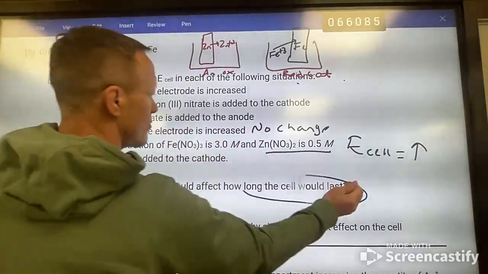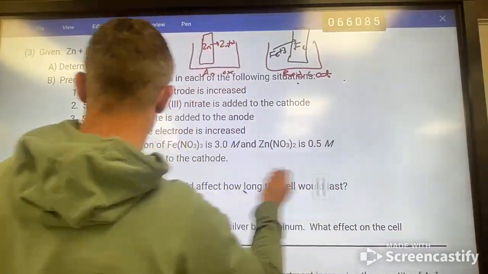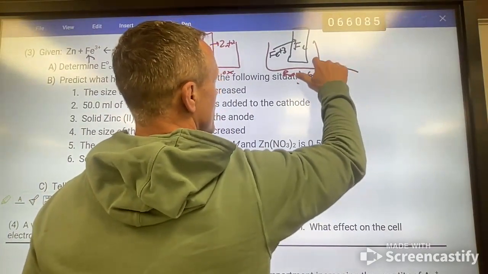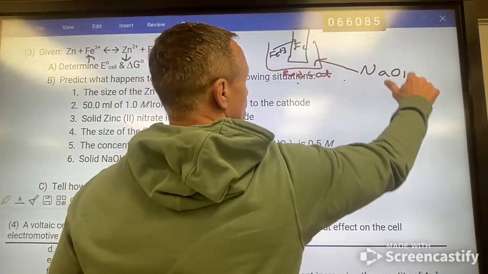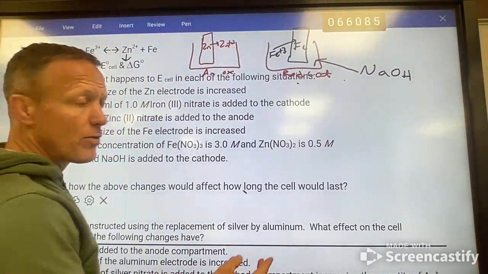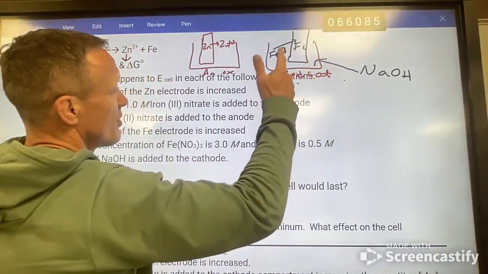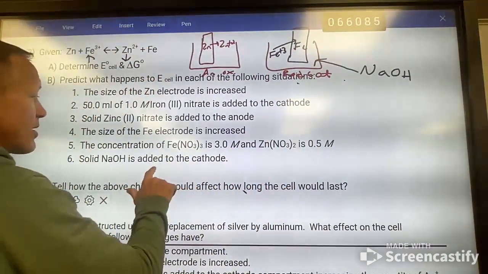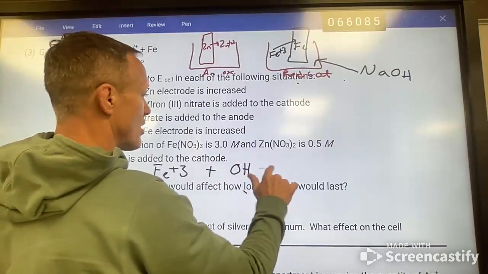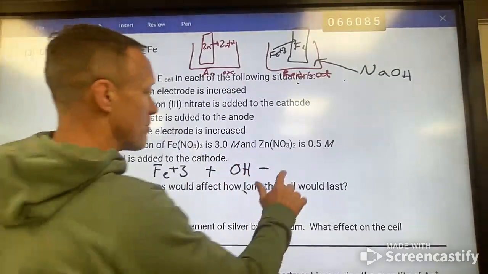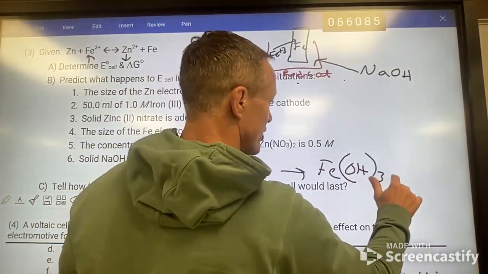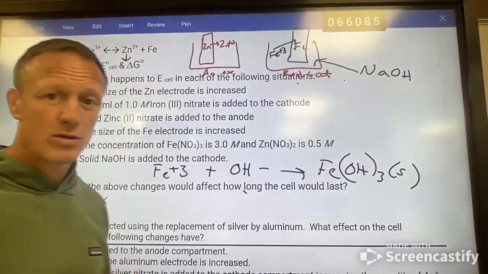Last one here, some solid NaOH added to the cathode. So they're putting NaOH in there. So that's going to make sodium ions and hydroxide ions. So if the hydroxide ions react with something, then we're going to end up with a change there. Well, if you think about it, our Fe+3s that are floating around in there will react with hydroxide ions and make FeOH3, which is insoluble.